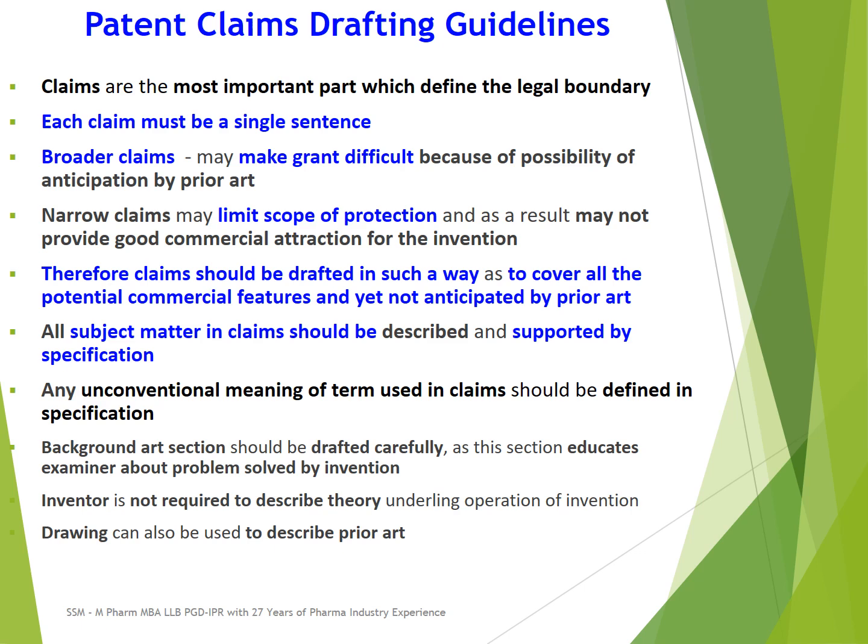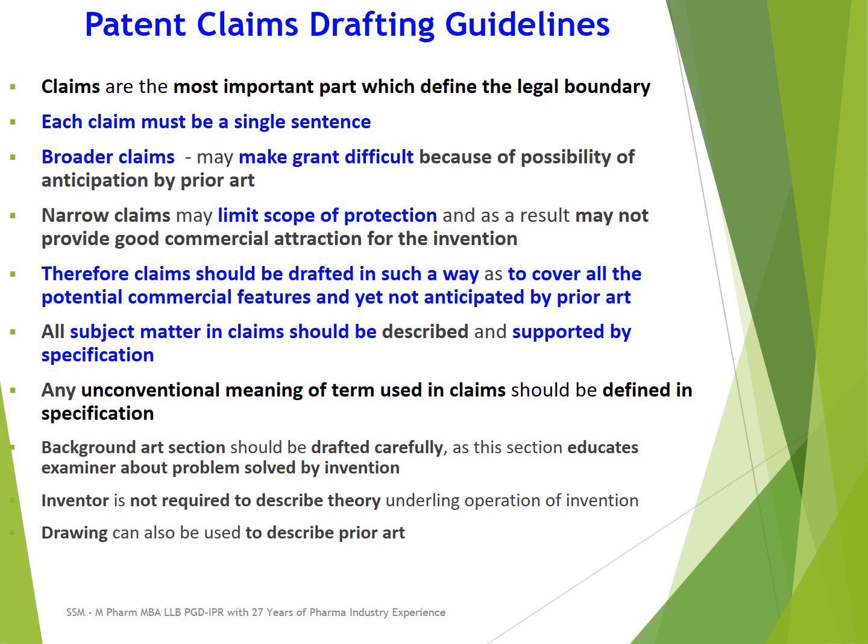Whatever length may be of the claim, you have to write in one sentence. You'll see in certain patent documents a single claim is running maybe 2 pages or 3 pages, but it is always a single sentence. You can put a comma in between whenever required, but you cannot put a full stop. So a claim must be a single sentence.